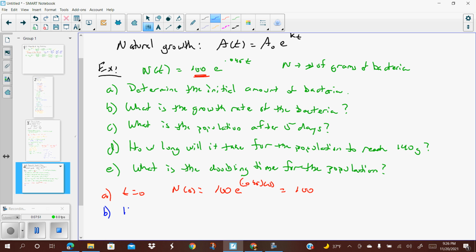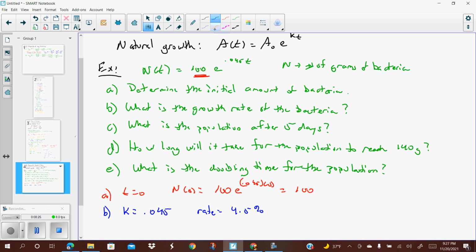So we know that K is 0.045, but as an actual percentage, as a rate, now instead of having the decimal and having to divide by 100, we have to multiply it by 100 so that we can actually get a percentage out of this. So the growth rate, multiplying 0.045 times 100, is going to give you 4.5%. And that's your growth rate.